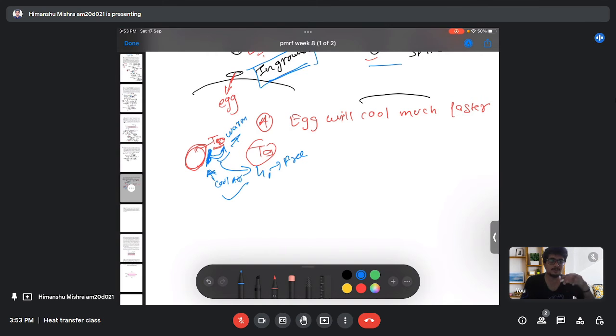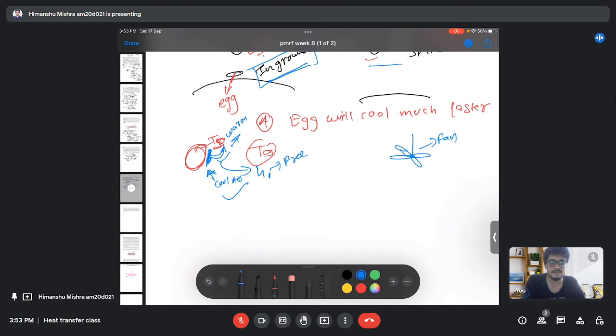So in forced convection, let's say this is my fan. This is the example of forced heat convection.